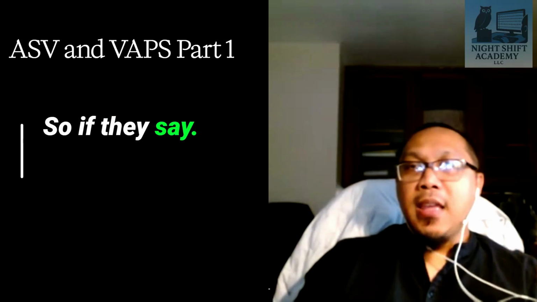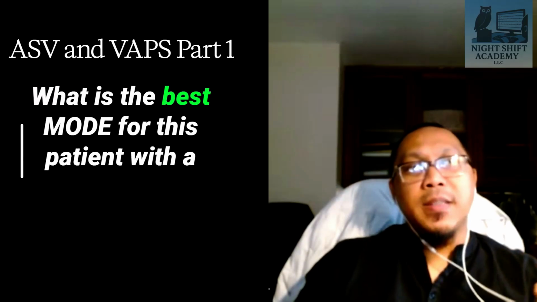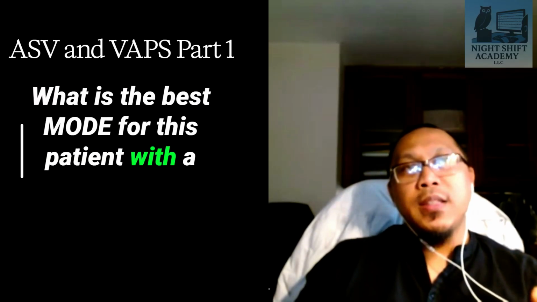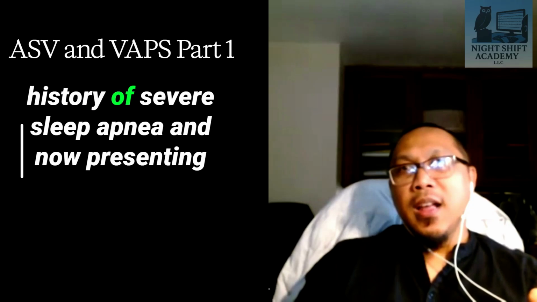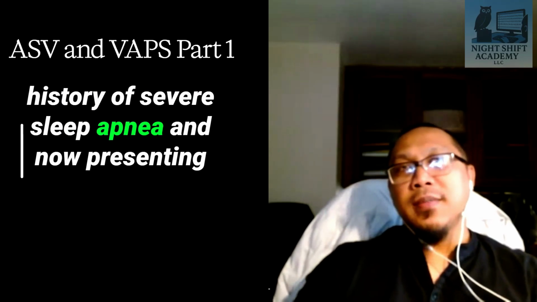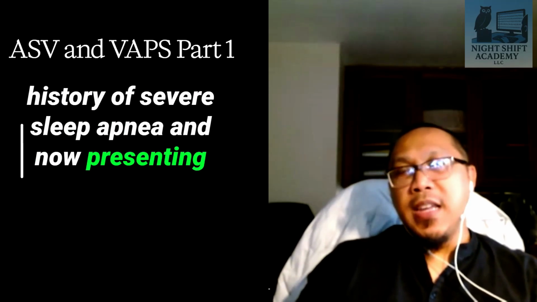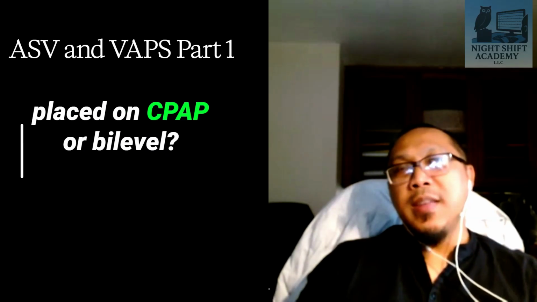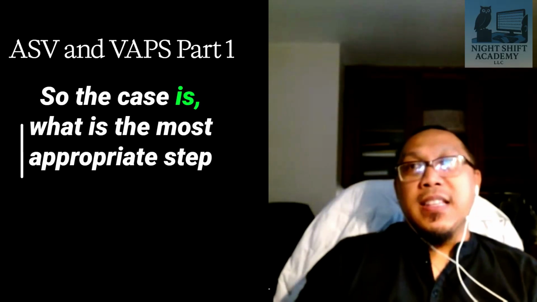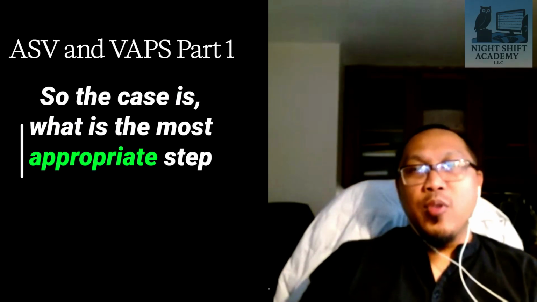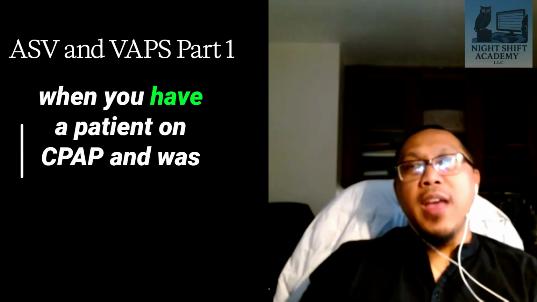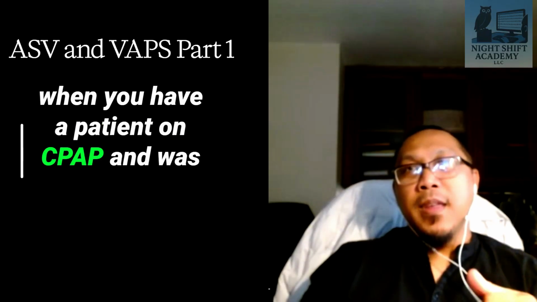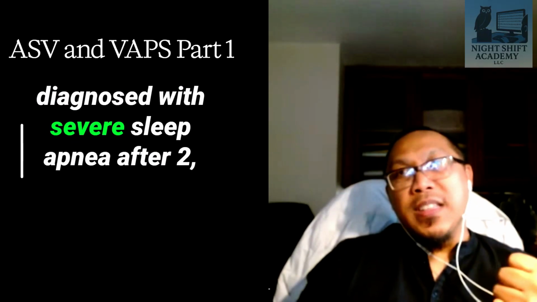So if they say, what is the best mode for this patient with a history of severe sleep apnea and not presenting central apnea after being placed on CPAP or bi-level, what's your answer? So the case is, what is the most appropriate step when you have a patient on CPAP and was diagnosed with severe sleep apnea?